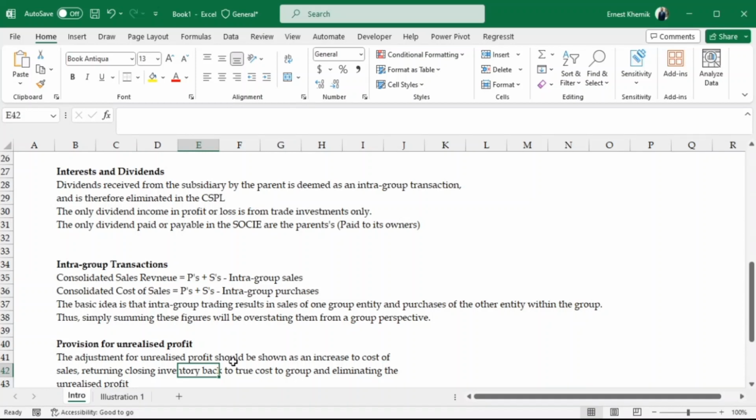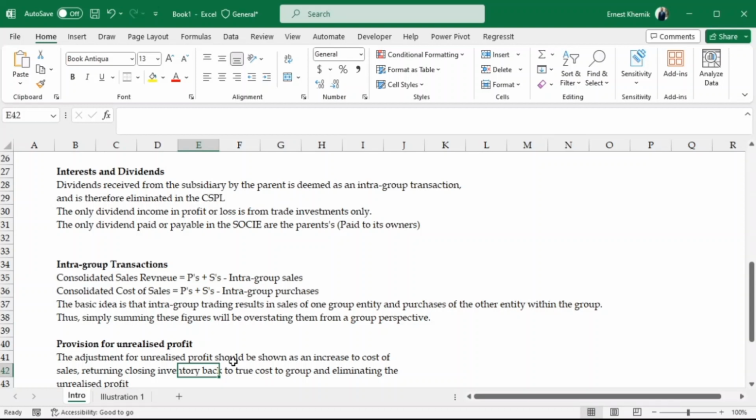So the only dividend income in profit or loss is those from trade investments only. Any dividend from trade investments only is what will be recorded in our profit or loss financial statements. And then the only dividend paid or payable in the statement of changes in equity are the parent's. So we are talking about the ones the parent company has paid to its shareholders.